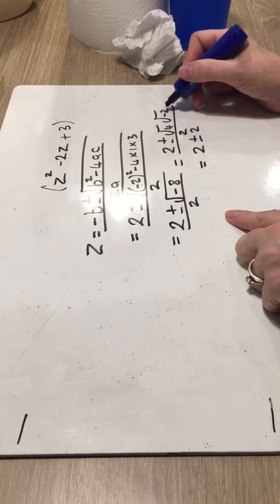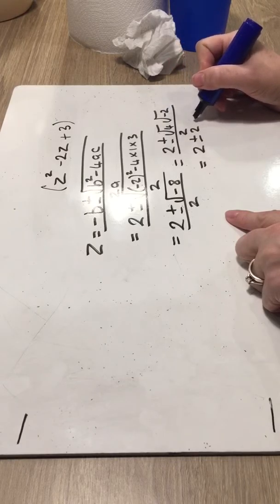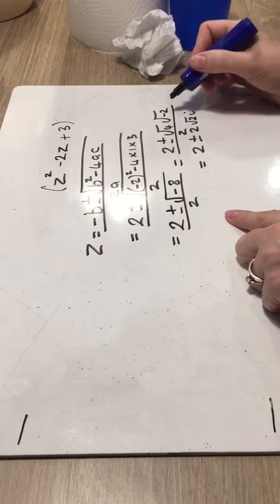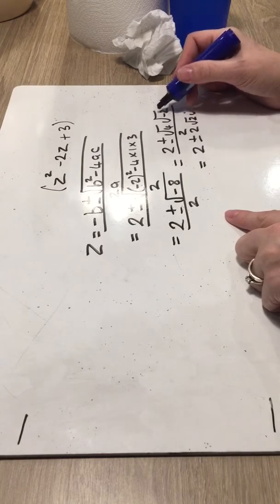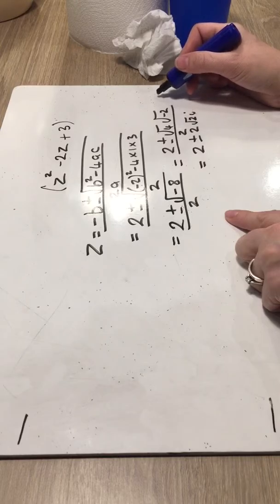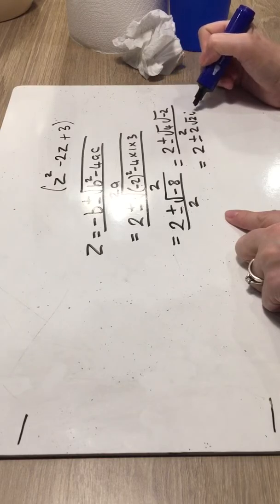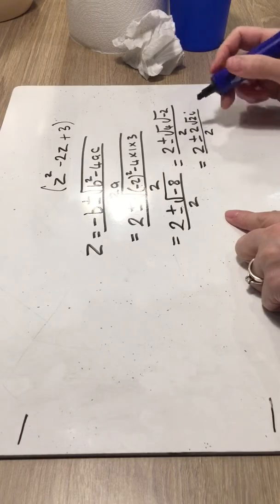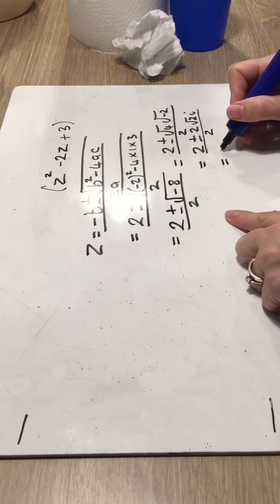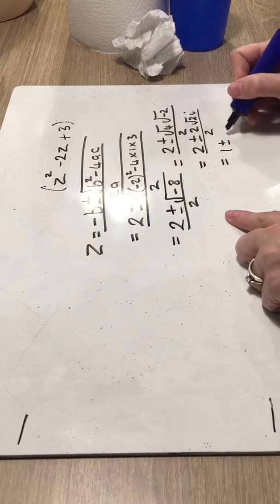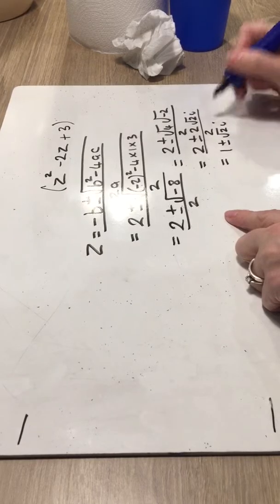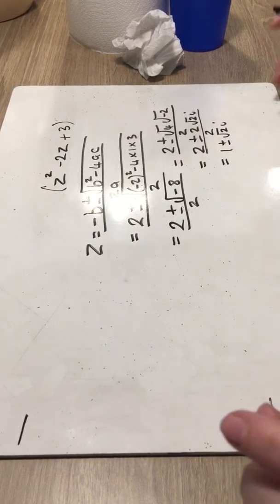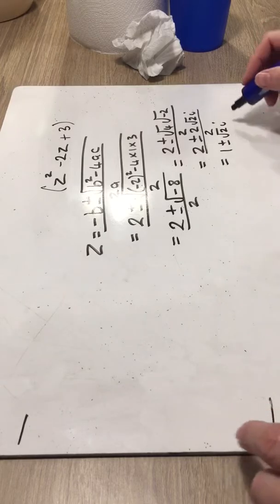The square root of minus 2 is going to be root 2i, because remember that's like root 2 times root minus 1, and the square root of minus 1 is i, and then that's all over 2. So these 2s all cancel out and we're left with 1 plus or minus root 2i, or i root 2. Okay, so that's your other roots.